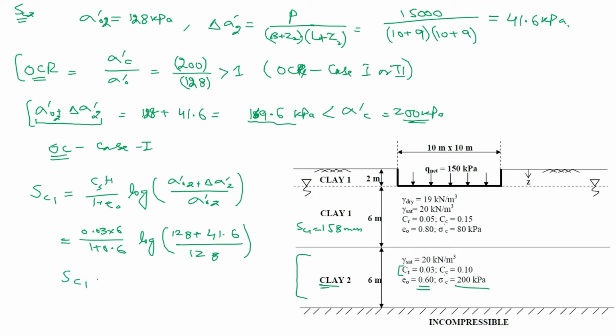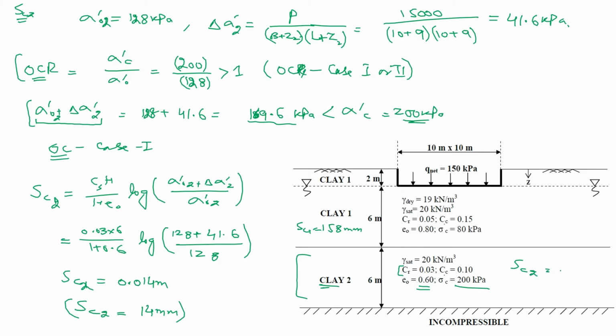So if we calculate by calculator, we will get the SC2 as 0.014 meter. So if we multiply this by 1000, it will be 14 millimeter. So simply the consolidation settlement for this clay layer 2 is 14 millimeter.